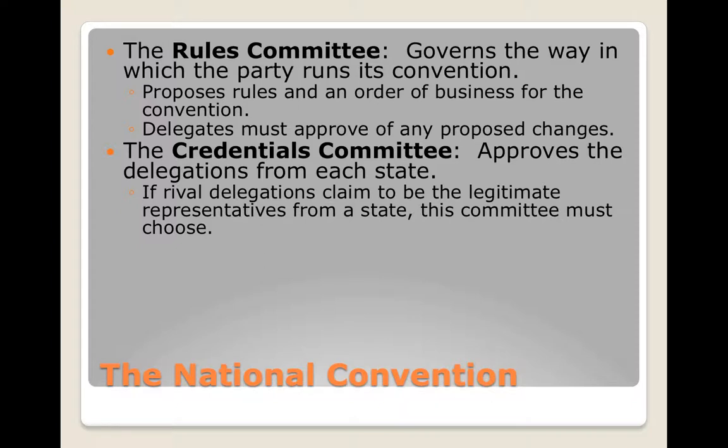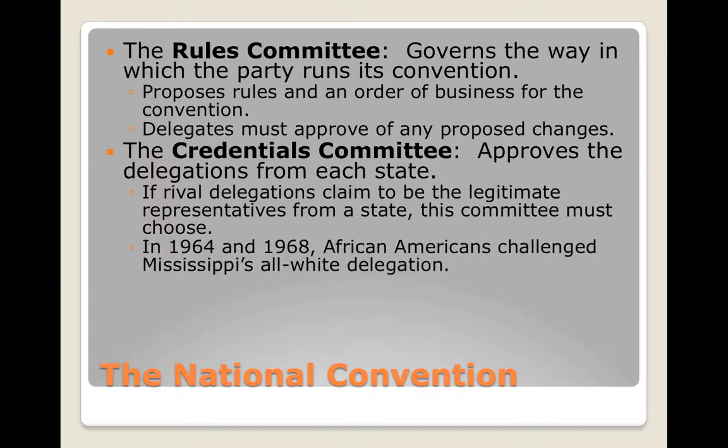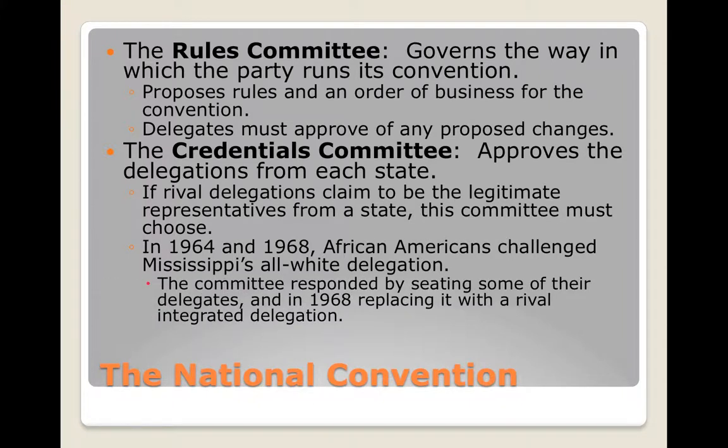If rival delegations claim to be the legitimate representatives from a state, this committee must choose. In 1964 and 1968, African Americans challenged Mississippi's all-white delegation. The committee responded by seating some of their delegates, and in 1968 replacing it with a rival integrated delegation.